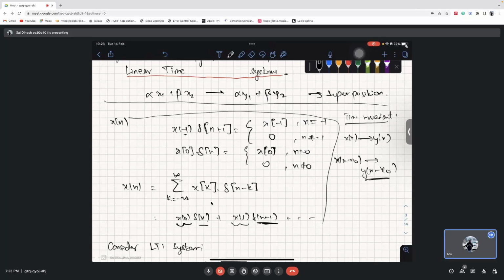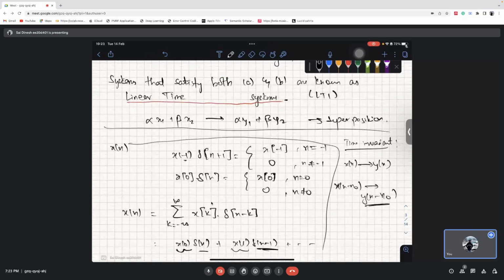So the system which is both linear and time invariant is known as a linear time invariant system.